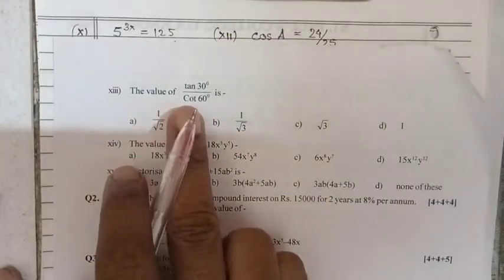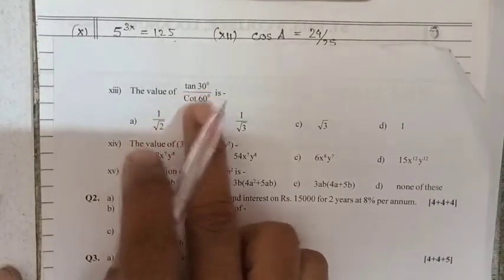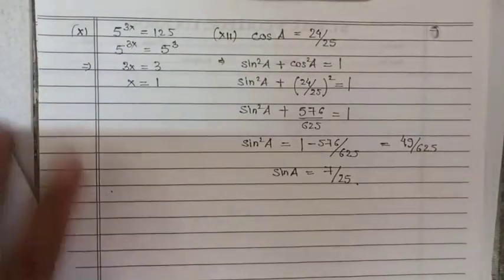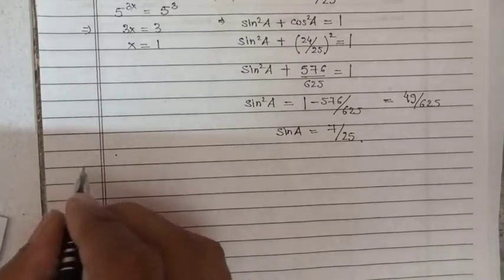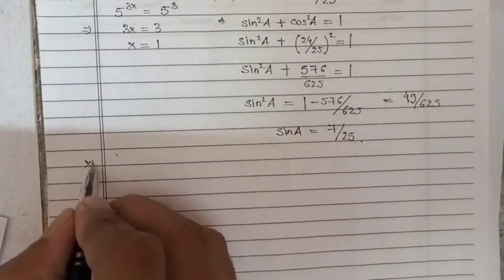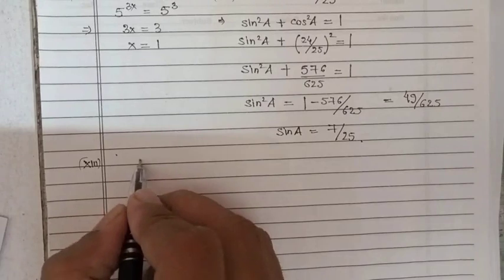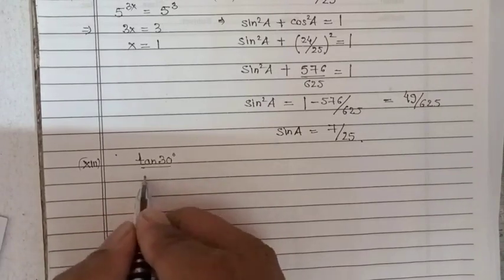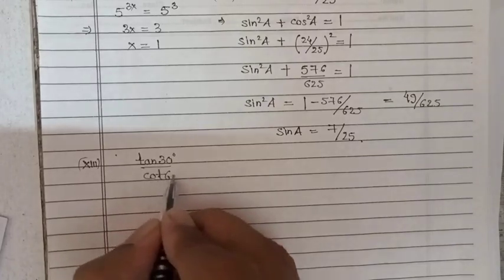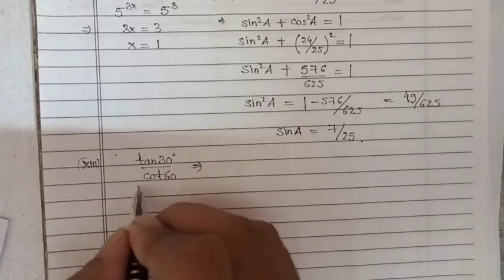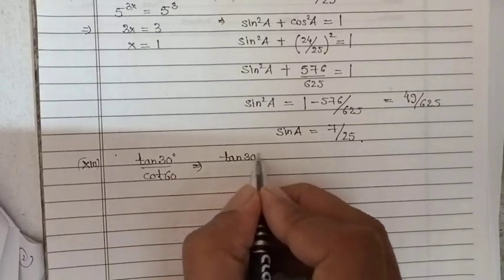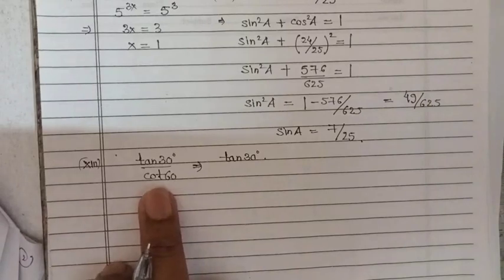13th part, as you can see, it is based on values of standard angles. We have tan 30 upon cot 60. To make our calculation a little bit easy, in the denominator place we have cot 60.